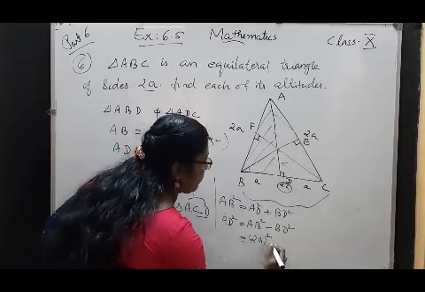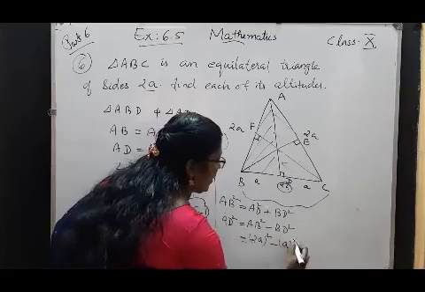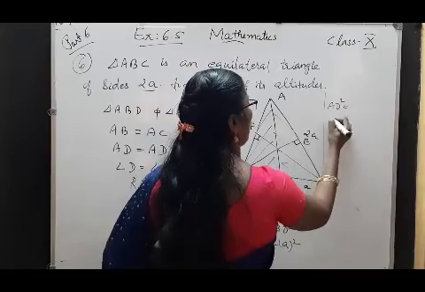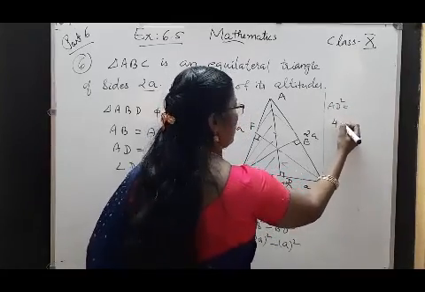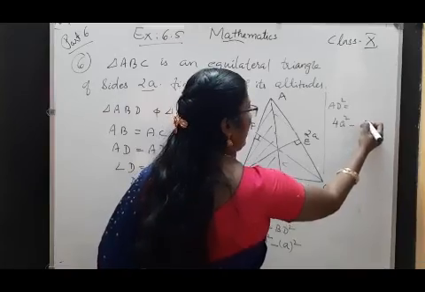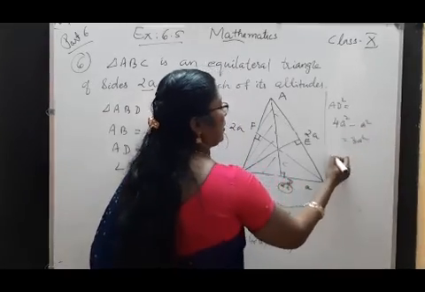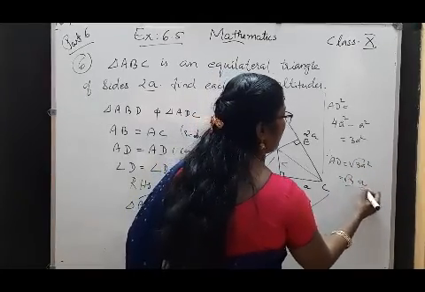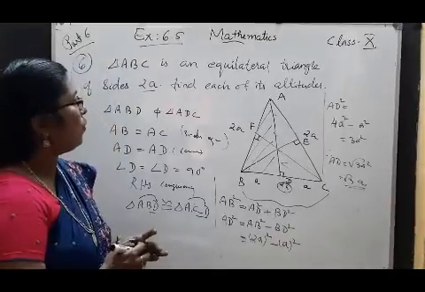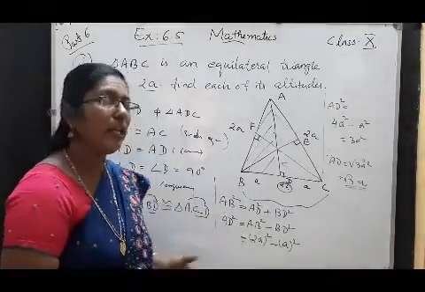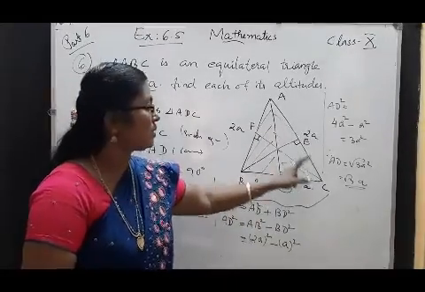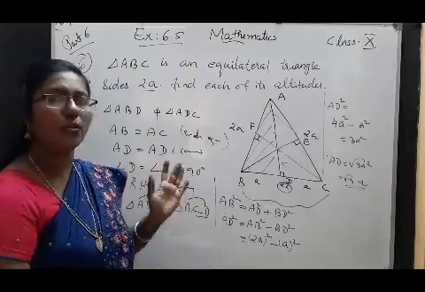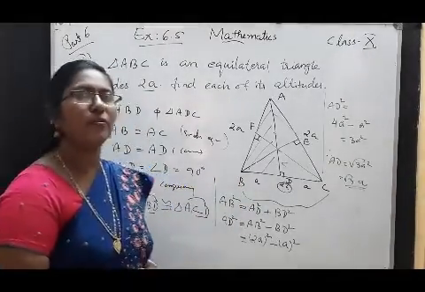So AD square equals 2a the whole square minus a square, that is 4a square minus a square, which is 3a square. Therefore AD equals root of 3a square, that is root 3a units. The altitude is root 3a units. Similarly, you can take the other triangles and find the other altitudes. All the altitudes are the same, root 3a units.